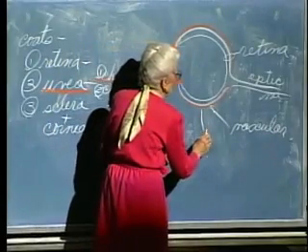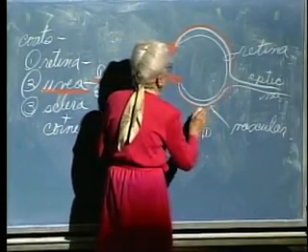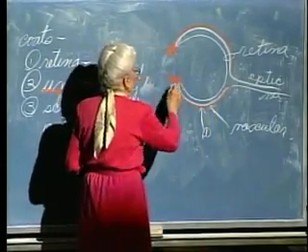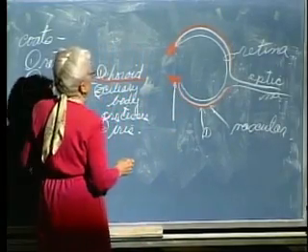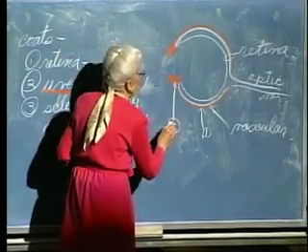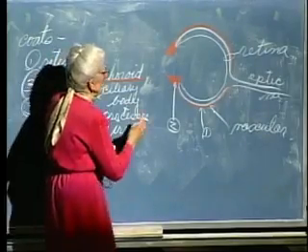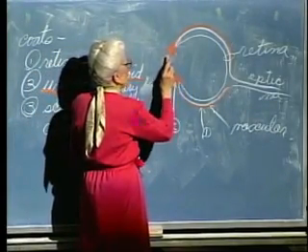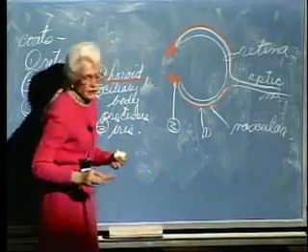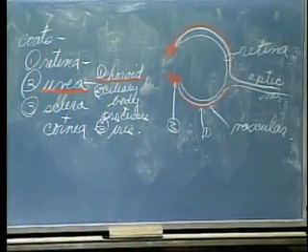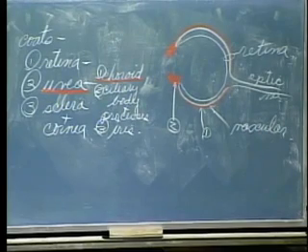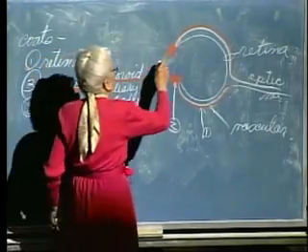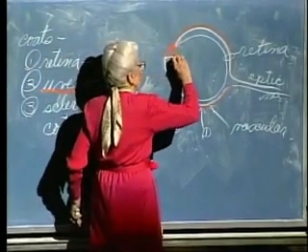Choroid was number 1. This is number 2. And it has processes, little finger-like projections. And what are those little finger-like projections holding? What do we need here? A lens, sure. So they're going to be holding the lens.